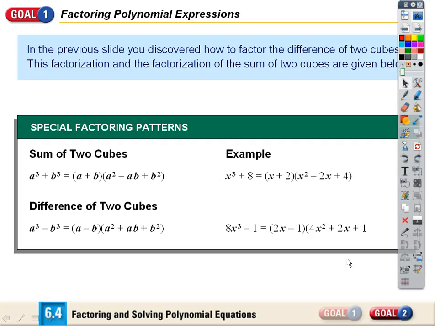So if I can take my original polynomial, like this guy, x cubed plus 8, and I can write that as a sum of two things that are cubed, which I can, because I could write that as x cubed plus 2 cubed, then it follows that pattern. Okay. Here I could have written this as the quantity 2x cubed minus 1 cubed, and I could have followed this pattern. Okay. So we've got those possibilities.